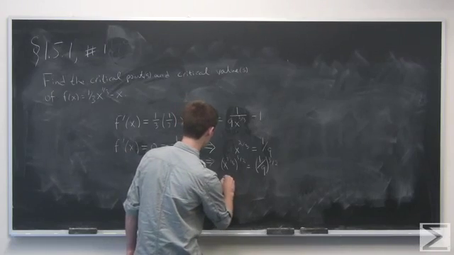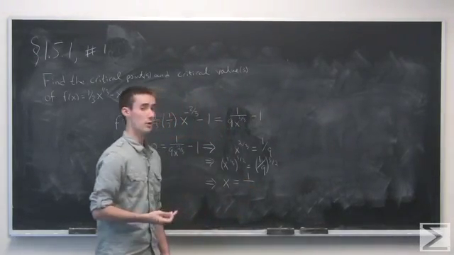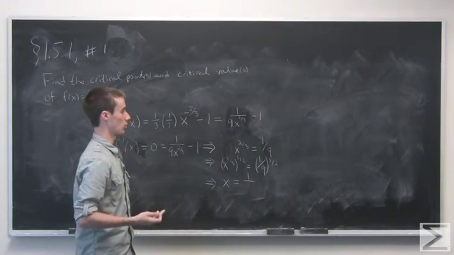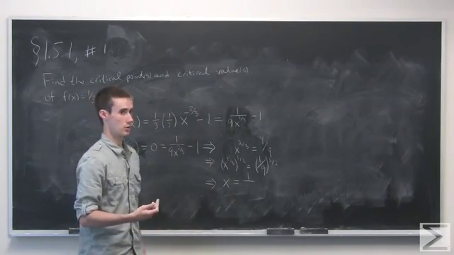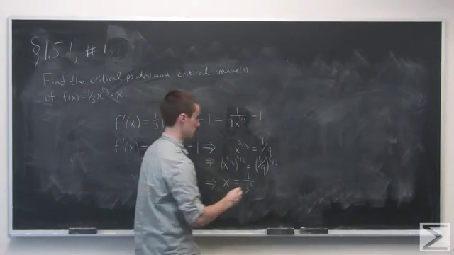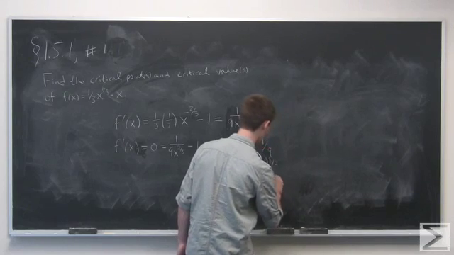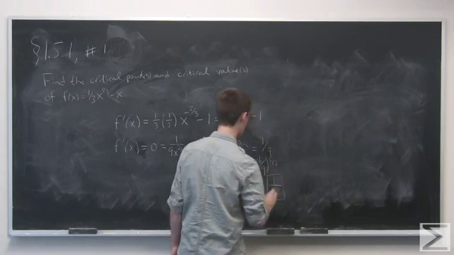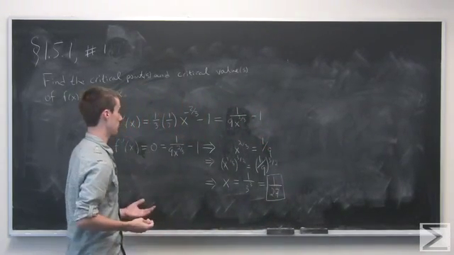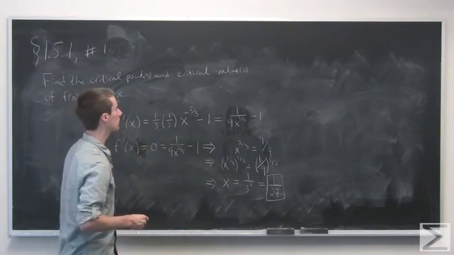And this gives us x equals 1/9 to the 3/2 power, which is 1 over the square root of 9 to the 3rd power, or 1/3 to the 3rd power, which is 1/27. So this is the critical point, meaning that f prime of 1/27 will equal 0.